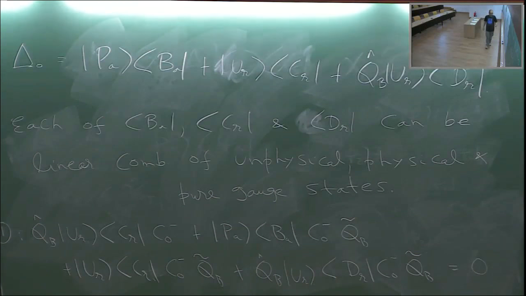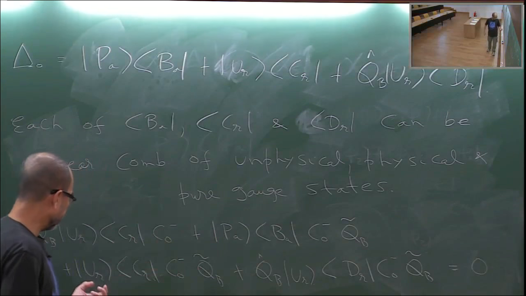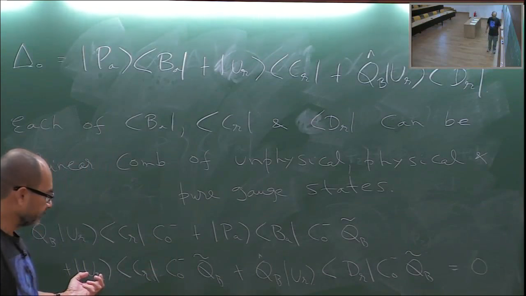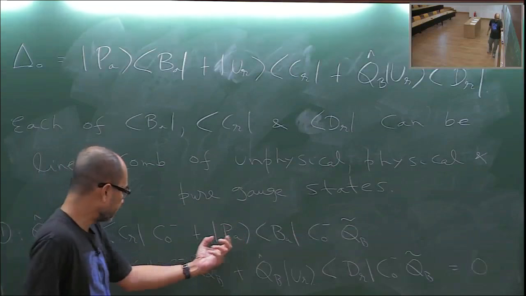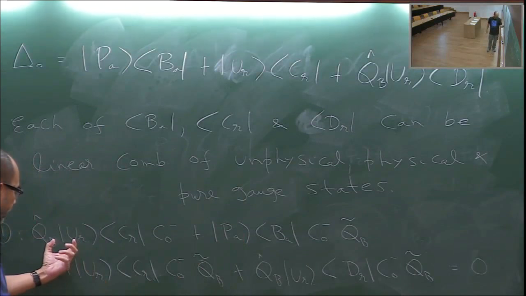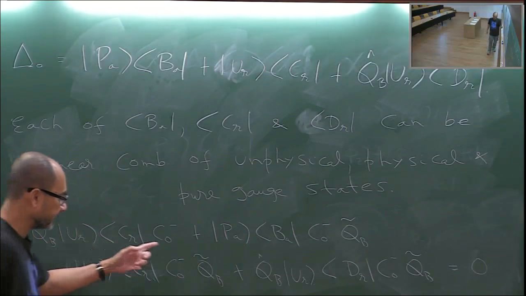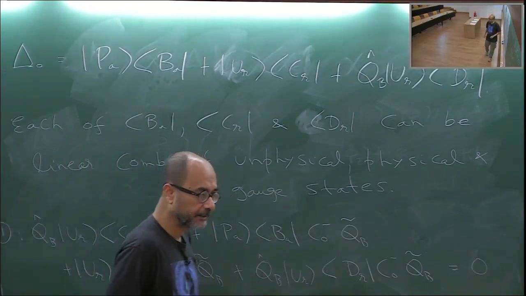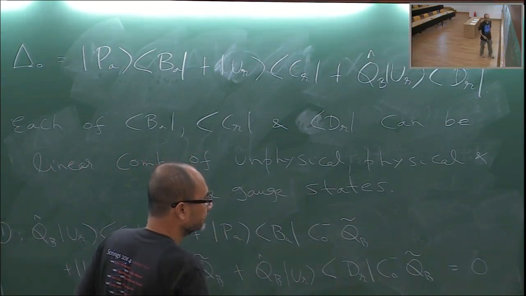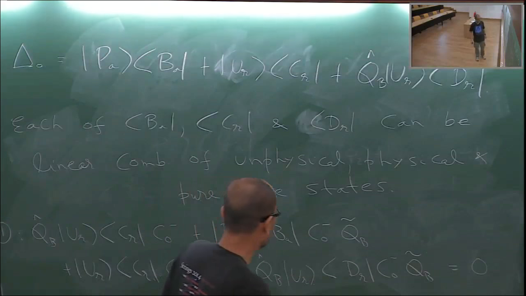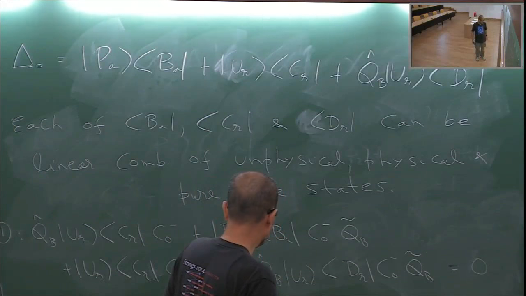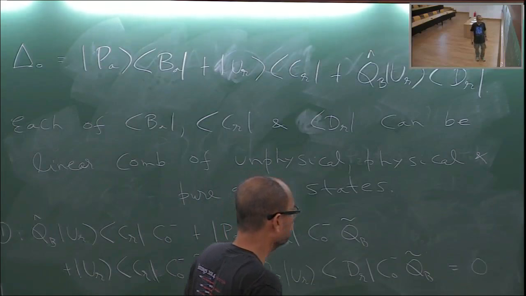And now we will use the fact that these are linearly independent, this is the basis state. So QB hat UR, PA and UR are linearly independent basis states. So the coefficient of PA must vanish, coefficient of UR must vanish, and coefficient of QB hat UR must vanish, which means the sum of these two must vanish. Okay, so I think now I can erase this because I have already implemented the condition.